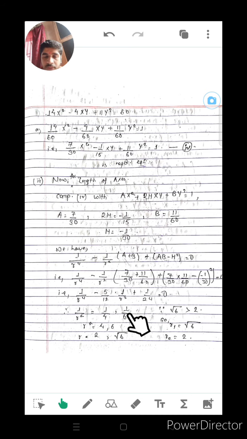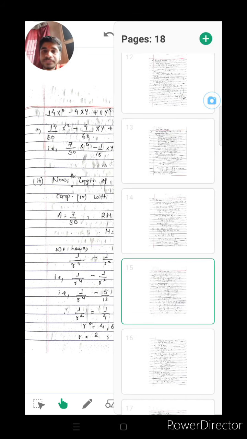Root 6 is greater than 2, so the length of the semi-major axis will be root 6, and the semi-minor axis will be 2.